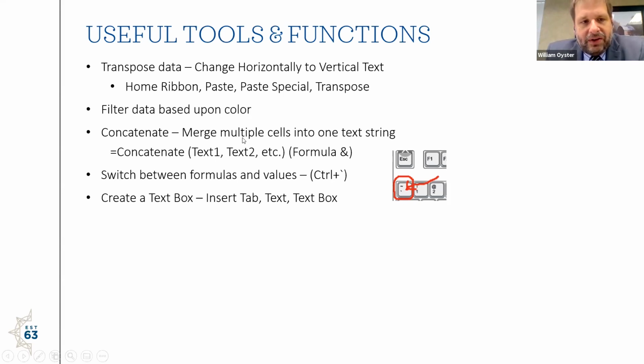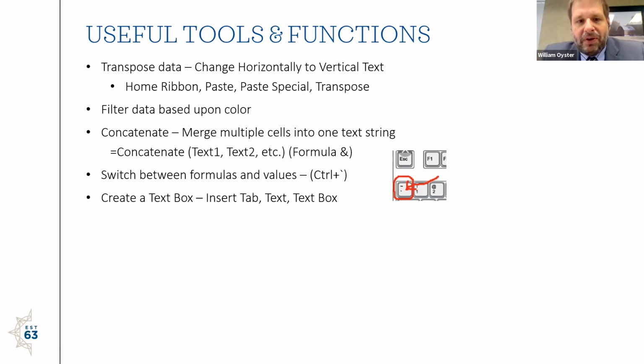Another useful thing that we do a lot in auditing is the concatenate function. That's just combining data in different cells into one cell. Taylor talked about how to break that information apart when it's in one cell and you want it in multiple cells. This is how you combine that information back together easily if you need it that way.